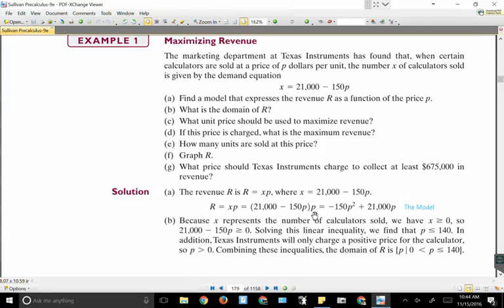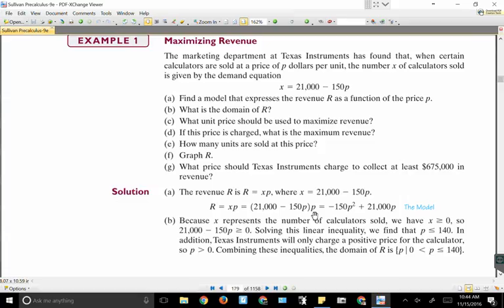So this kind of goes back and takes a look at question B. Sometimes I always like looking at this before I try and come up with a model. What's the domain? What are we really talking about here as the input variable? It is the price.